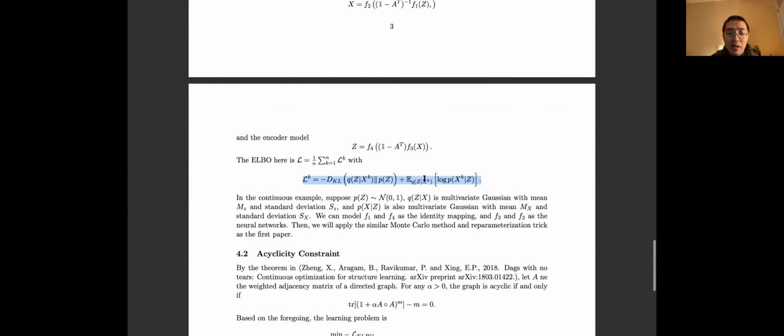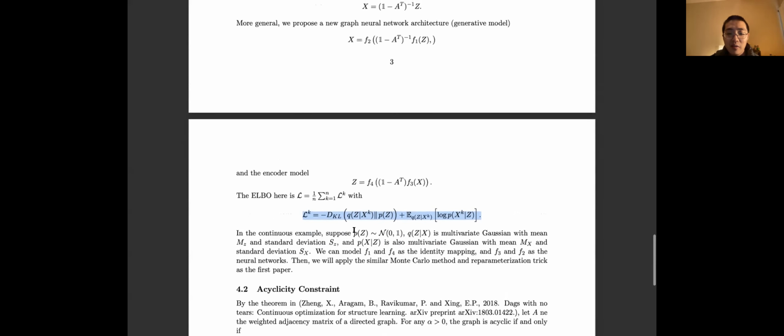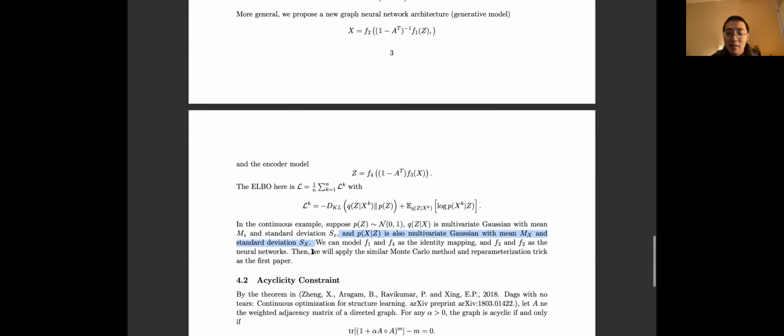And for the prior, we propose a standard normal distribution, and q(Z given X) will be a multivariate normal distribution with mean M and S here. We also assume p(X given Z) is a multivariate Gaussian with mean M_X and S_X.